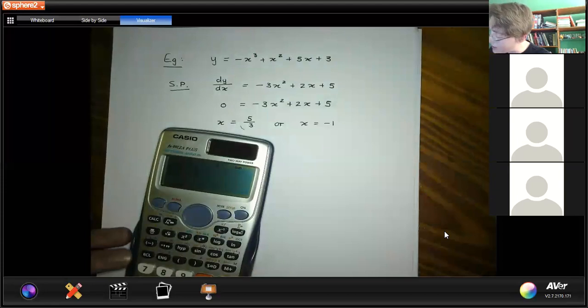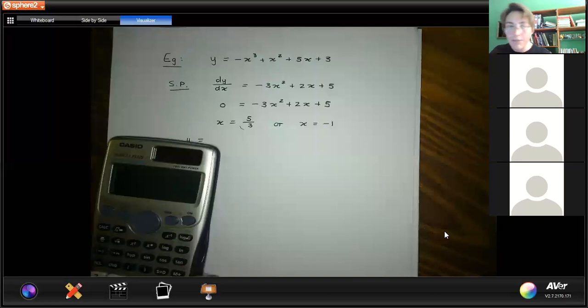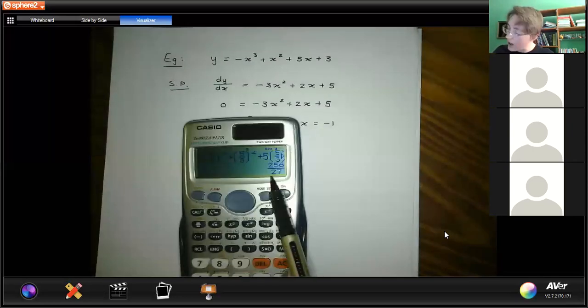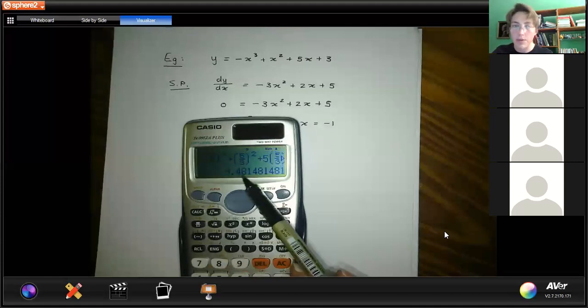Then we go plus 5 over 3 squared plus 5 times 5 over 3, and then plus 3. They give me a really strange y coordinate. You can see it says 256 over 27. Press the SD button and just round it off to 1 decimal place, because otherwise you're not really going to know where that is on the graph.